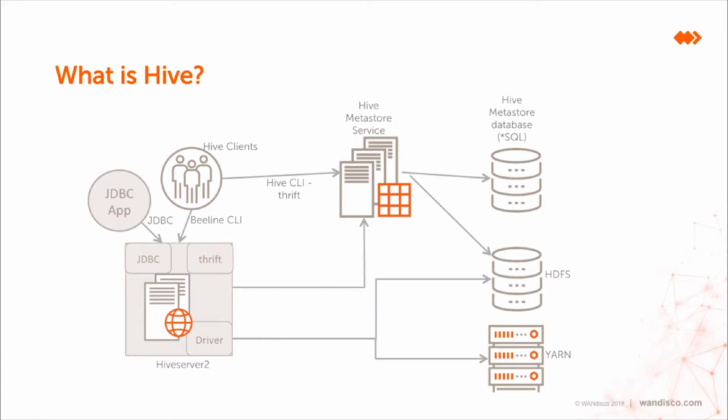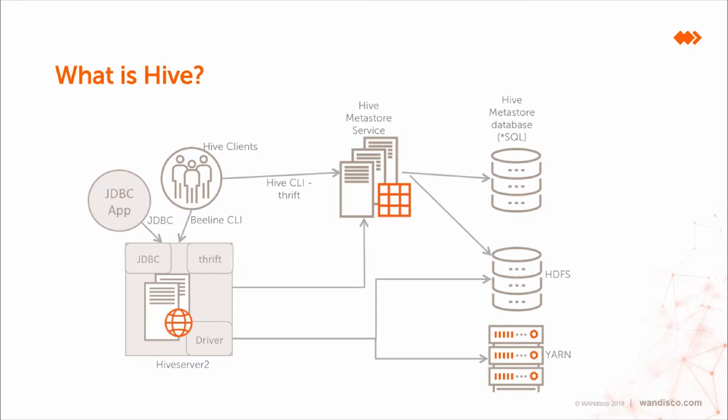MySQL and PostgreSQL are some popular databases used for the Metastore SQL database that houses the metadata, the table names, and the column names that go along with Hive, and also interacts with the HDFS data where the actual data is stored. And the Metastore service keeps track of and creates the table structures.